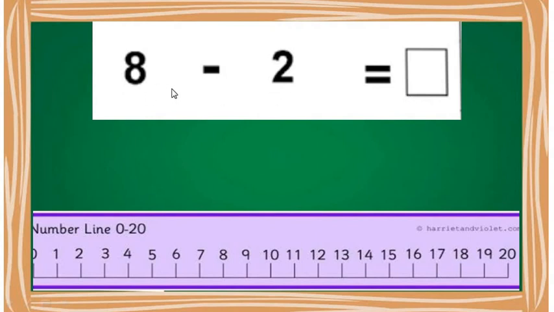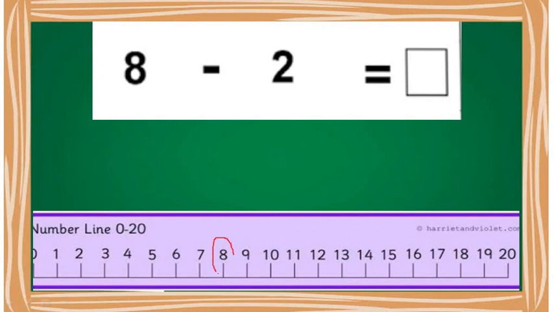The sum is 8 minus 2. Now you all understand well what should we do? First of all, go on given number line. Watch it carefully. Find out number 8, as our sum is 8 minus 2. So where is number 8? Look, here it is. Okay?